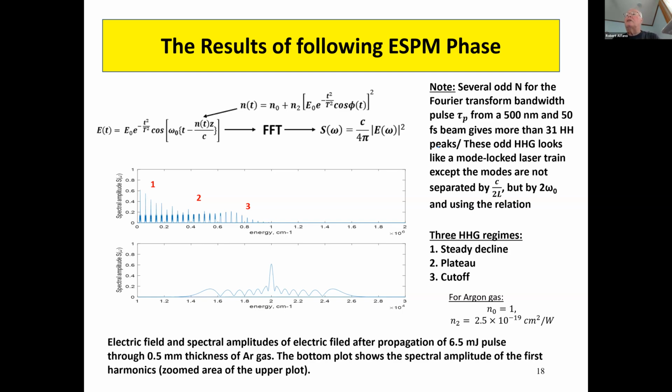So the 3 key features of HHG from this electromagnetic model are: the steady decline, that's region 1, followed by a plateau, region 2, and a cutoff. These are the characteristics that people have seen experimentally in the late 90s and the 2000s.